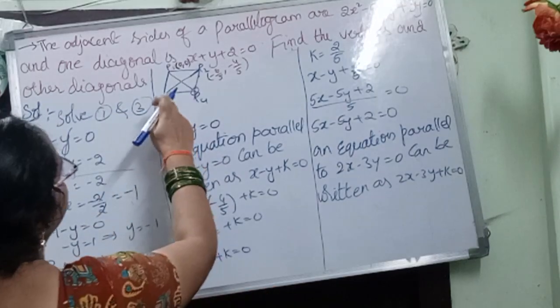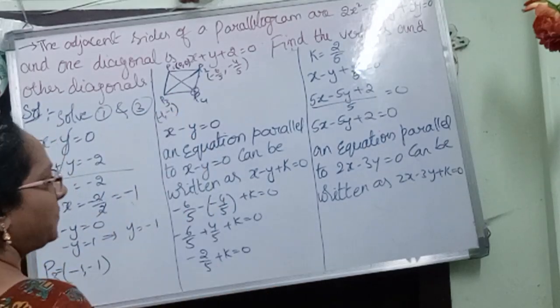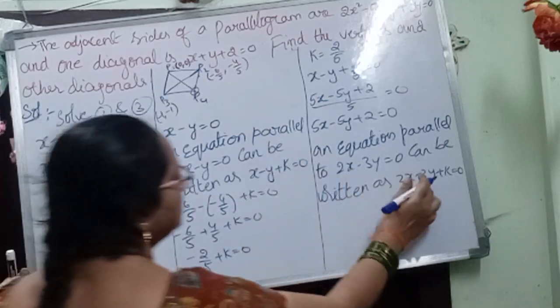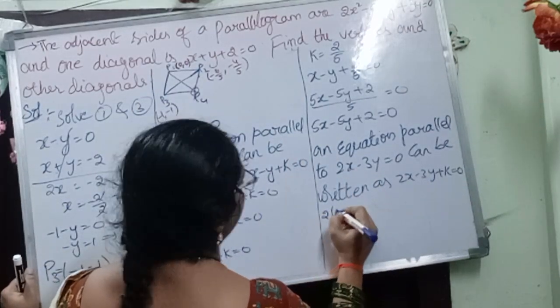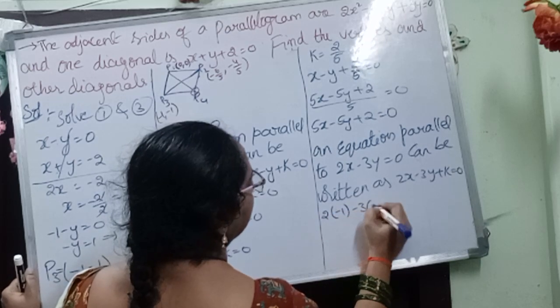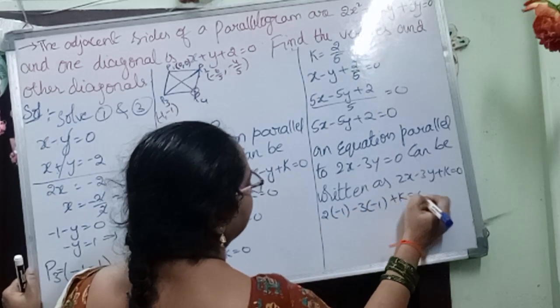Again, here this line is passing through P3. So we can substitute the P3 value here. So substitute P3: 2 into minus 1 minus 3 into minus 1 plus k equal to 0.